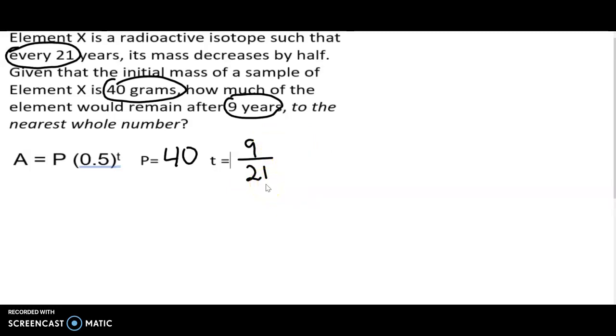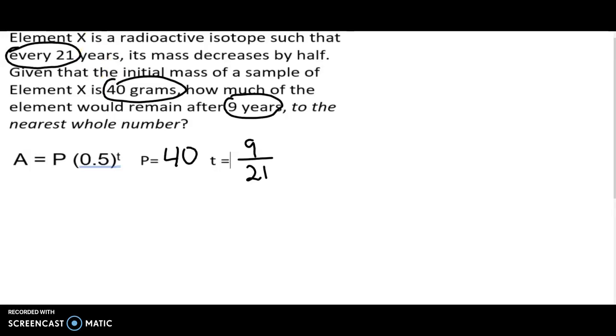You don't want to remember that. You want to remember that the every part goes in the denominator. So it doesn't even get to a full half-life on this because it takes 21 years to get there. But they still want to know what the decay is at 9 years.